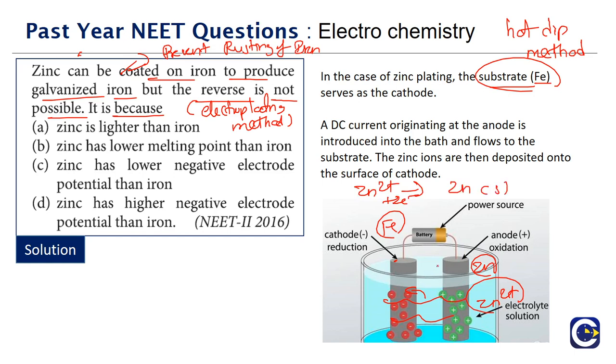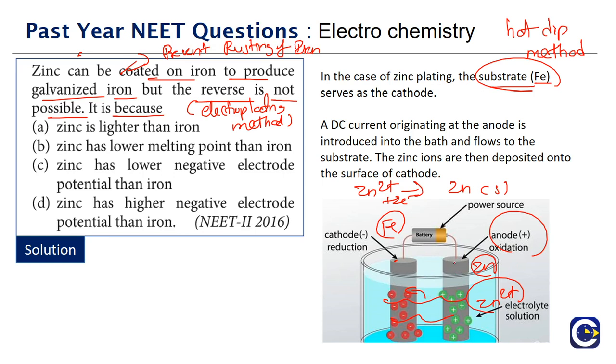This is the basic method used in electroplating. We should always have the substrate, because that is where the metal will be deposited. The substrate should be able to act as a cathode, and the metal that is used for the coating is used as the anode. That is the setup. And the solution also will contain the metal which has to be used for coating, in this case zinc.